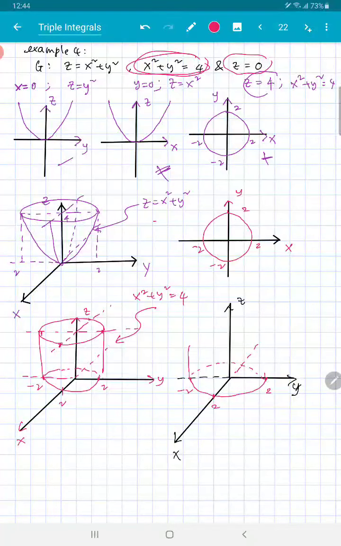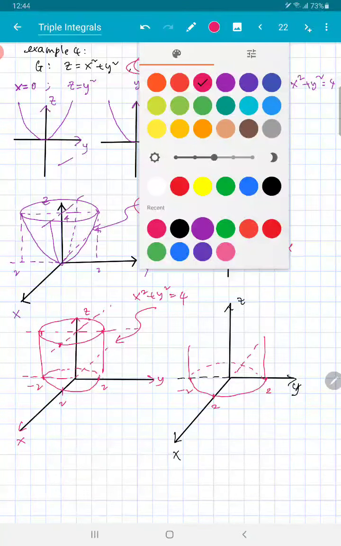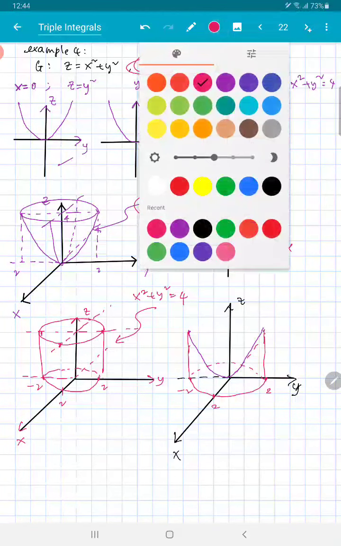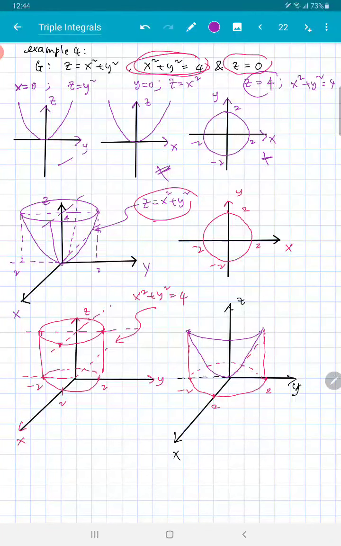But then as it goes up, we have this surface here, z equals x squared plus y squared. So here we have the surface, the paraboloid. It doesn't go up forever because we have this paraboloid here. So this is our surface: this equation is z equals x squared plus y squared, at the bottom we have z equals 0, and on the side we have the cylinder x squared plus y squared equals 4.